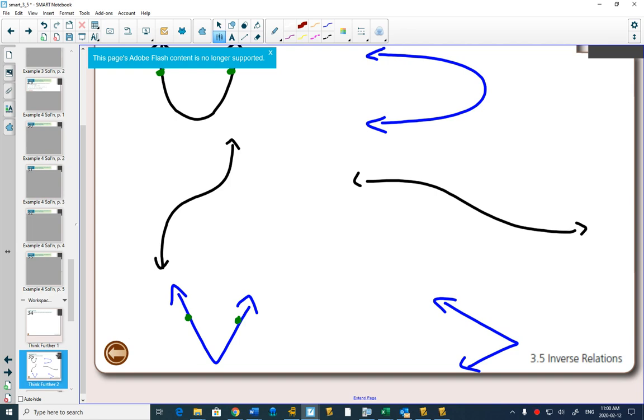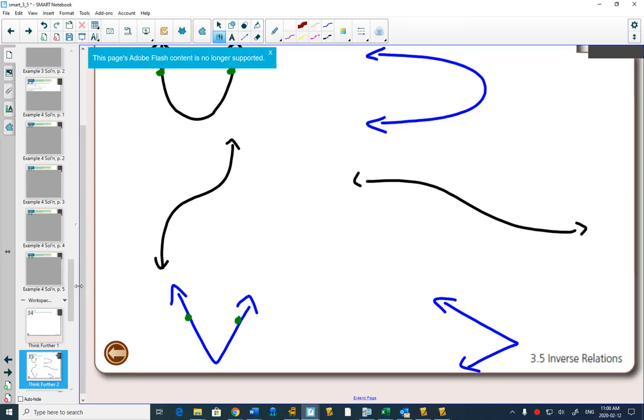Now, how could we summarize that to make it an easier way to check? It's a function if there's only one y value for a given value of x. Right. So what do we use to check if something's a function? The vertical line test, right?